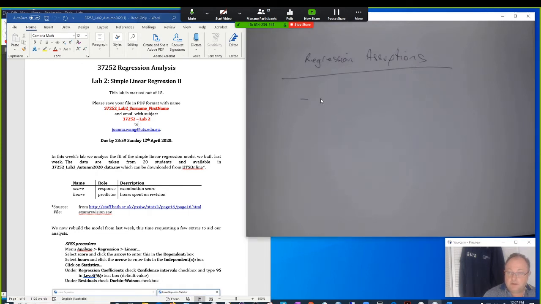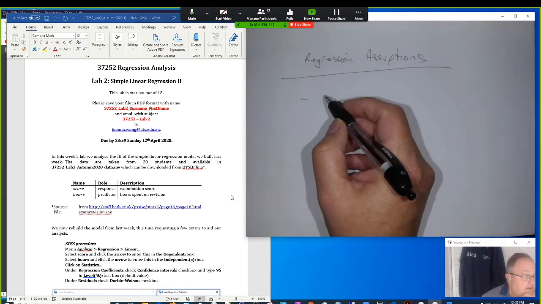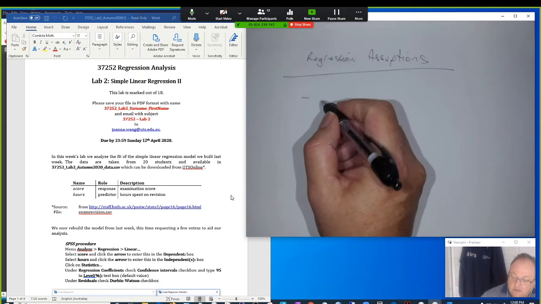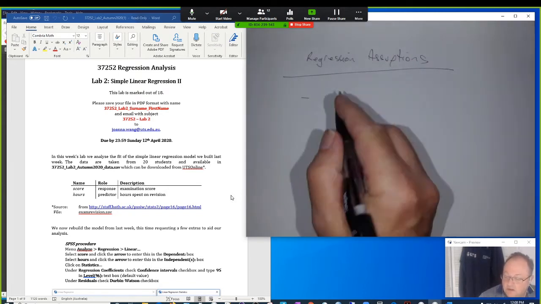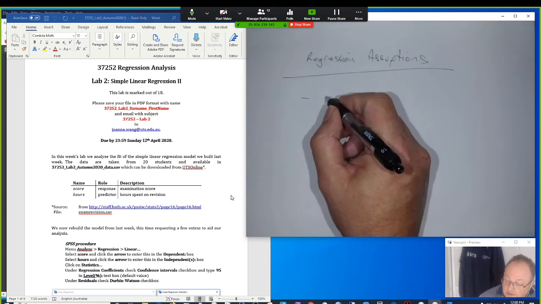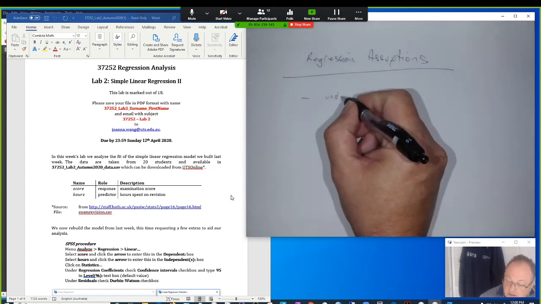So let's have a look at what we can do for regression analysis assumptions. These are Jason's version. I wouldn't be too hung up on the sources and things.